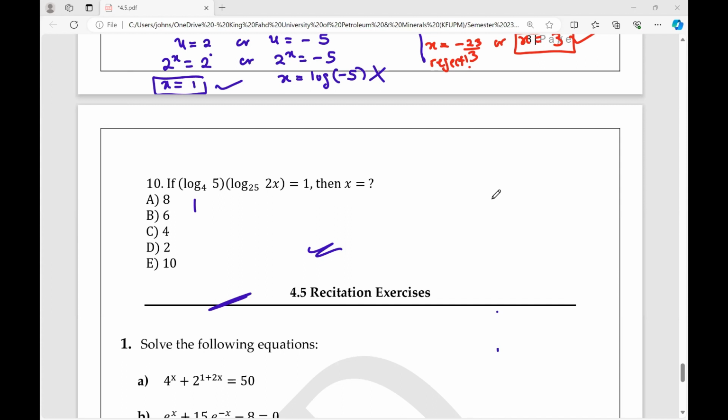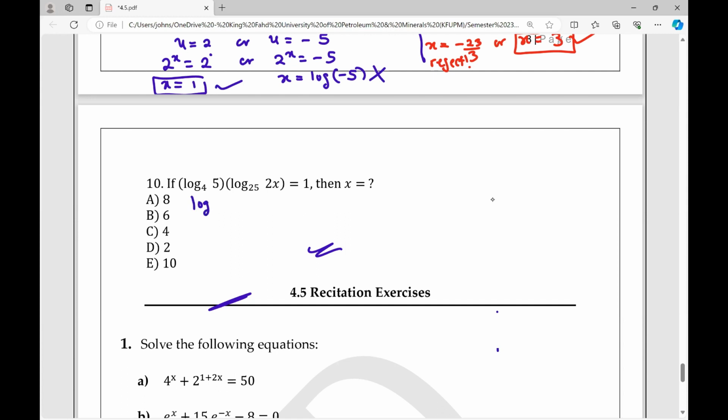All right, so for this one, we have log to base 4 here, and here we have log to base 25. So we can just decide to change everything to log base 10. This is going to be log base 10 of 5 over log base 10 of 4.